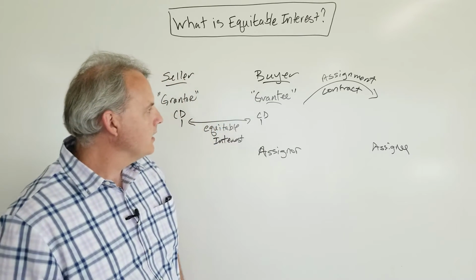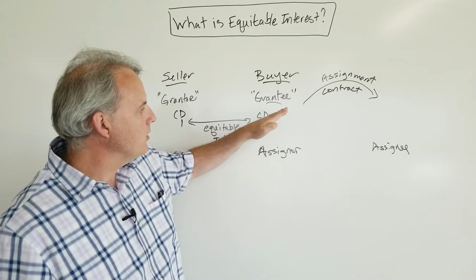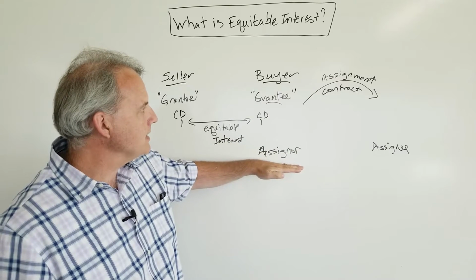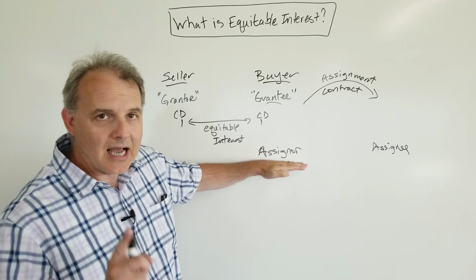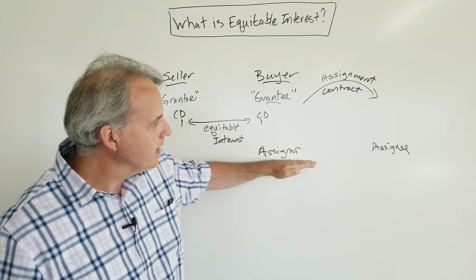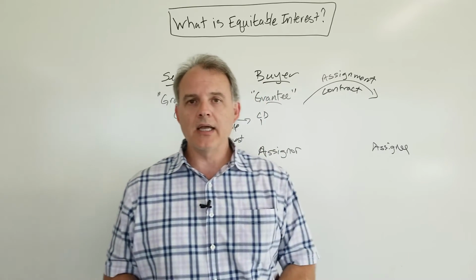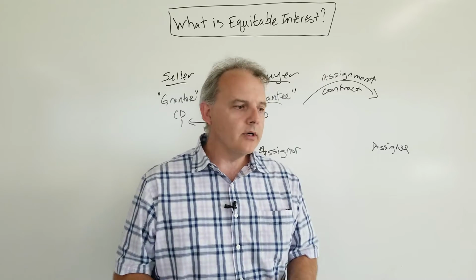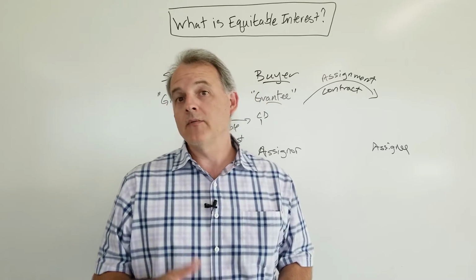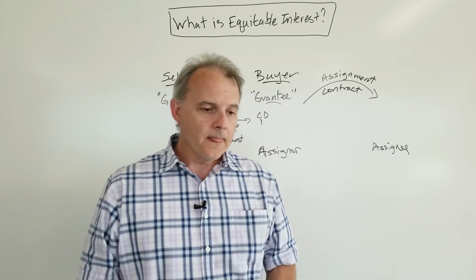And remember, the legal terms change, so once the assignment happens, the grantee or the buyer is called the assignor. That's a key real estate term. And the party receiving the contract is the assignee. Now, why is this important? Let me give you an example of when this is beneficial.